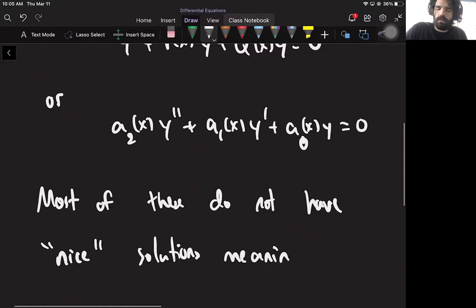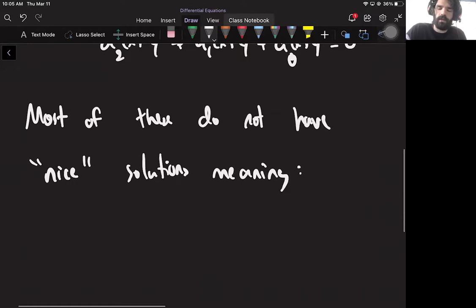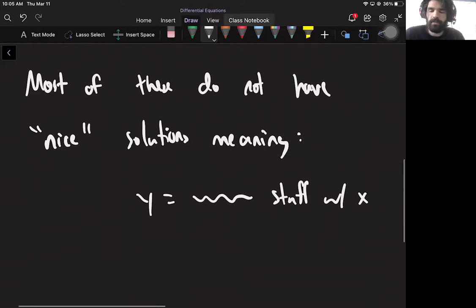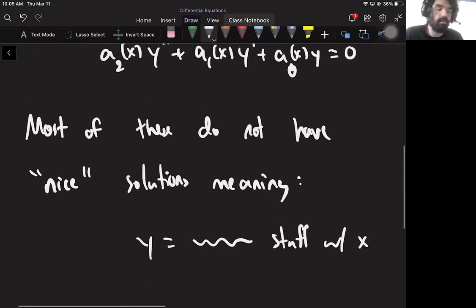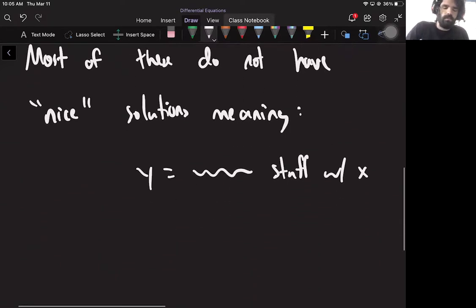So that means it's much more technical, meaning you can't just say y equals blah, blah, blah, stuff with x very easily, like with sines and cosines or powers of x or exponentials or all those nice functions you've learned about for a long time. You can't just stick a bunch of them in there and then say that's the solution. There is no way to write the solution like that. Instead, we have to use a power series.